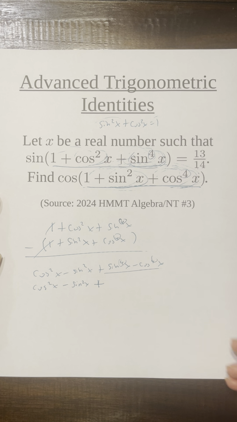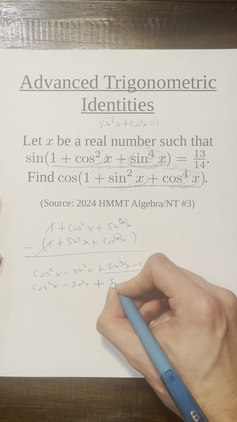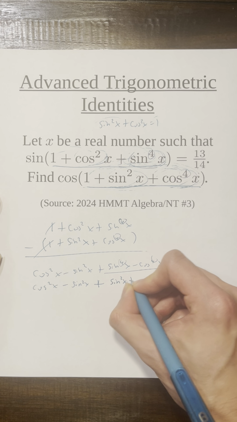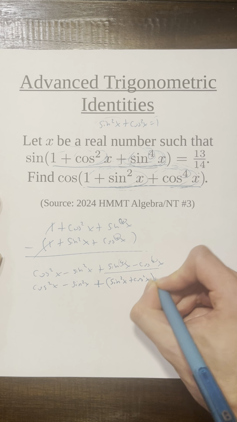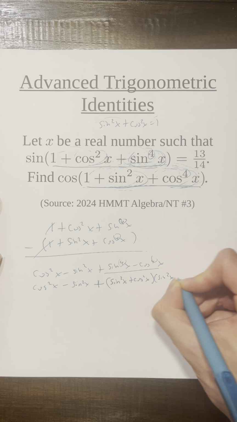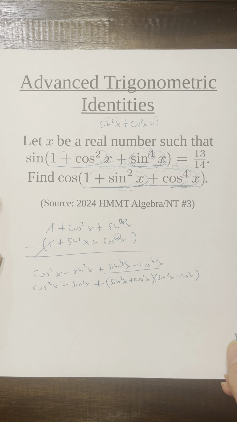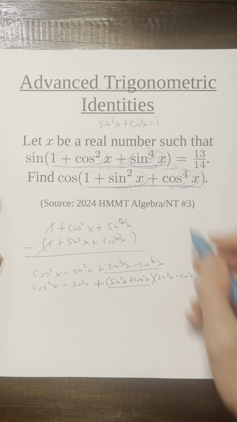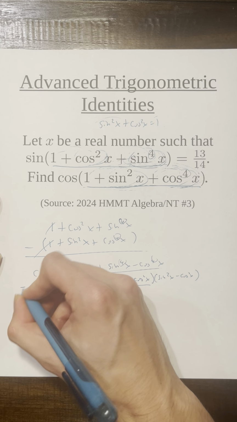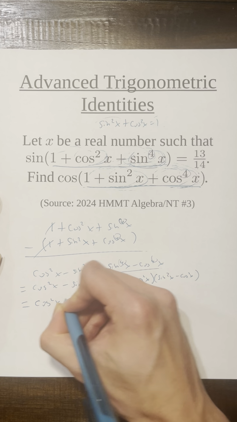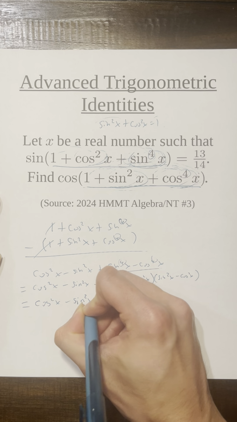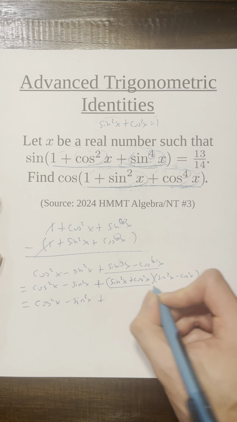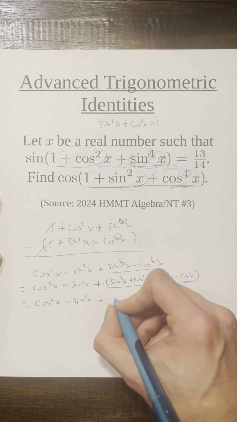So what does this factor as? It's going to be sine squared x plus cosine squared x times sine squared x minus cosine squared x. And this is how much again? 1. So 1 times this, I'll just copy this.